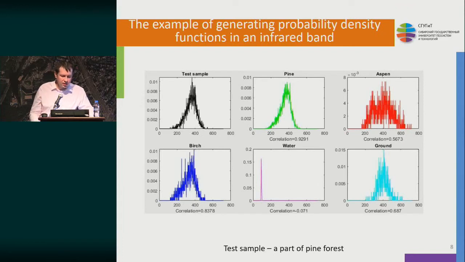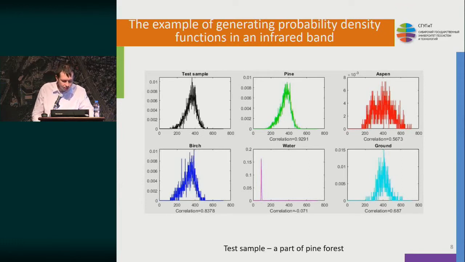Then we generated functions using all channels. RGB, of course, this is an example of the red channel. So first we generated reference samples, and then we used some test strips. We knew for a fact where this or that section belonged to, so then we could proceed to decode it.